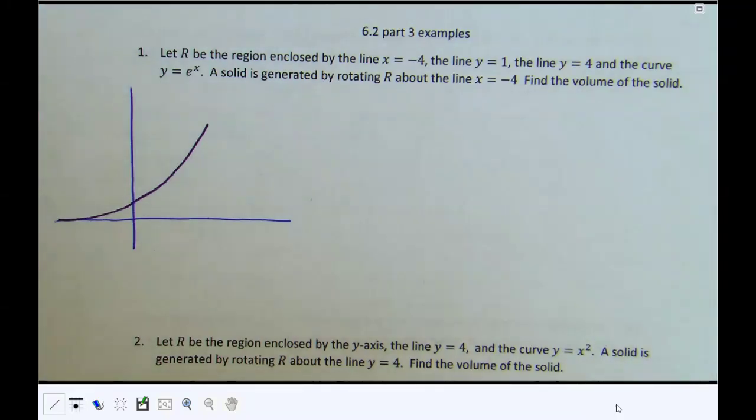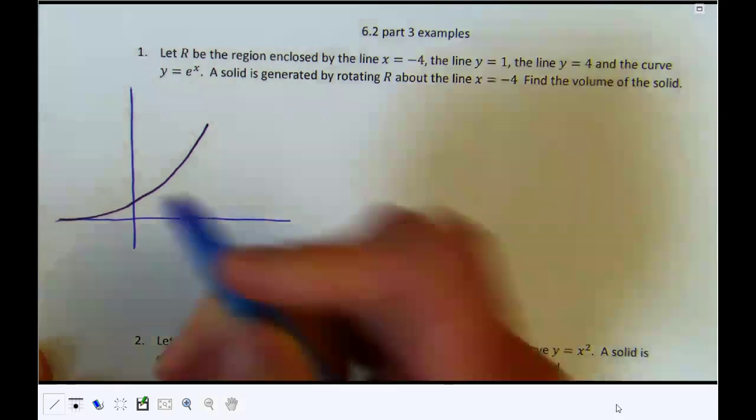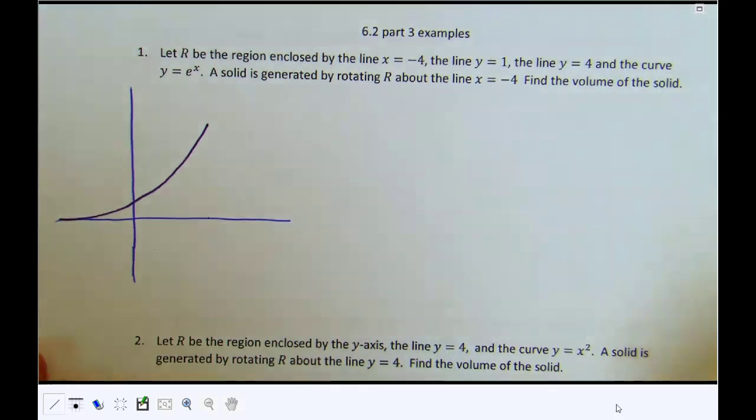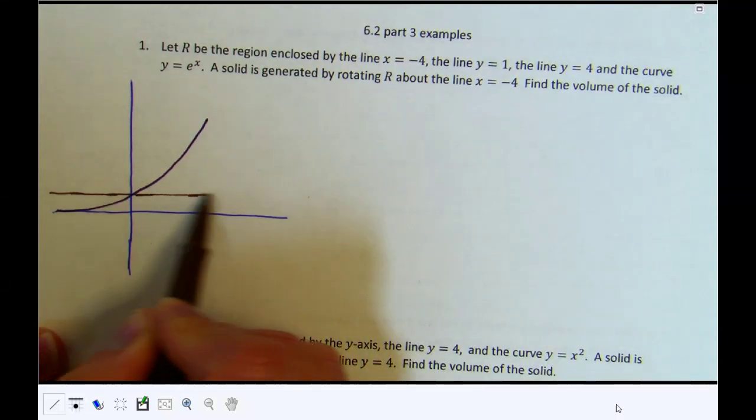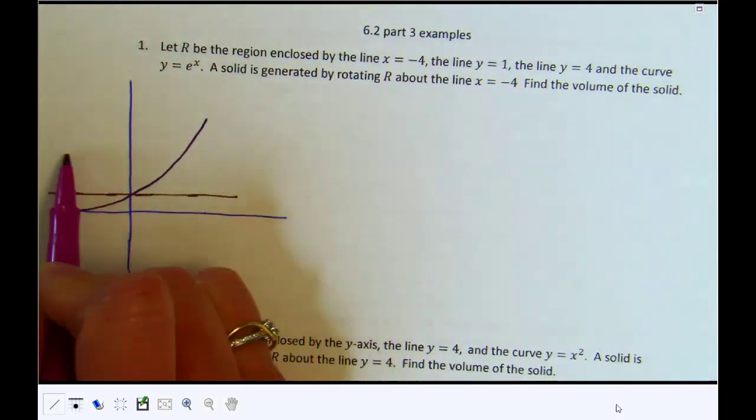We've got the line y equals 1, straight horizontal. We've got y equals 4, which is this.